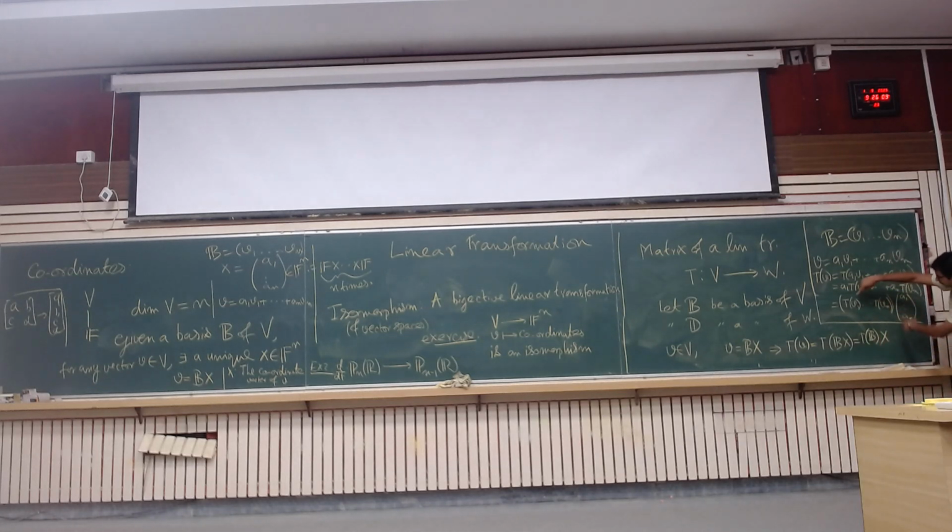So this is the hypervector, and this is just denoting the linear combination of these elements. So that's what we wrote here. This is T of B, and this is just x, the coefficients.